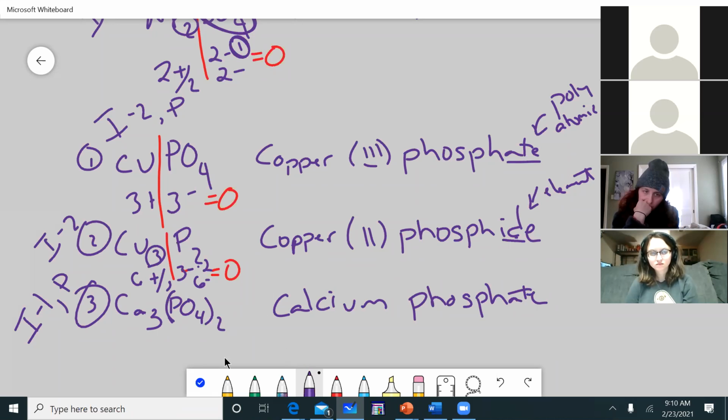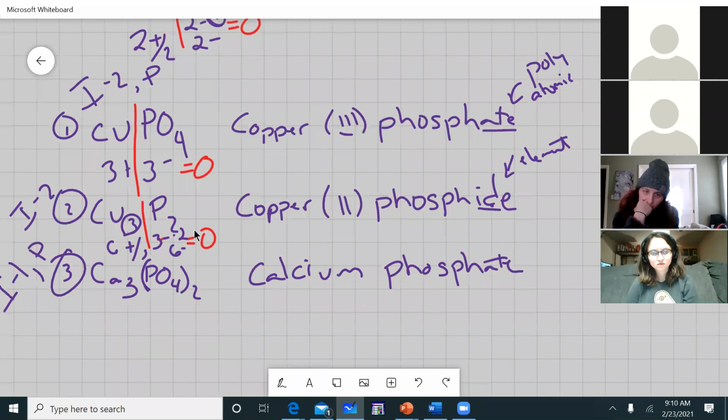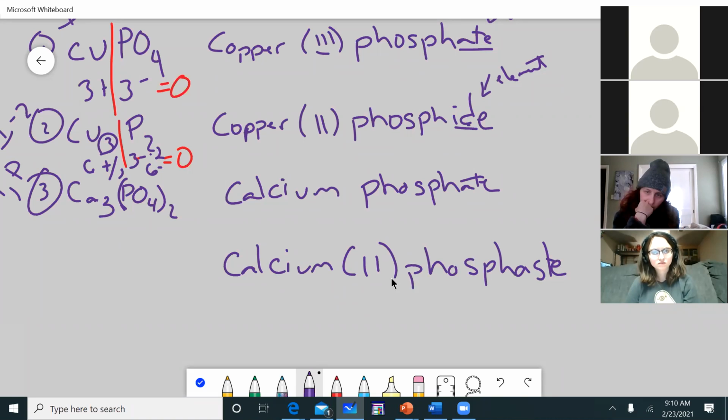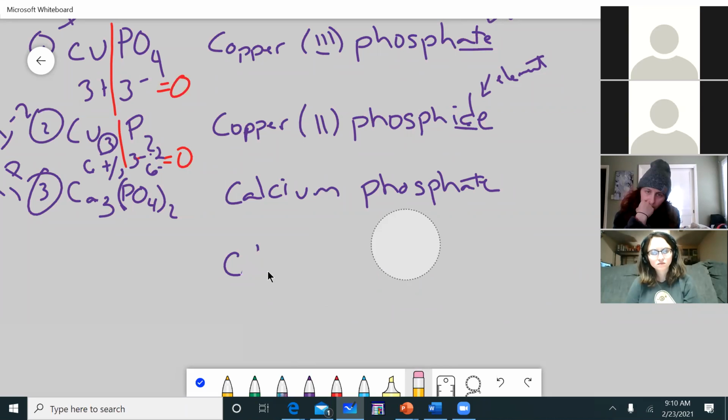So we don't need to put that because it's redundant information. If you were to write this, it would be classified as incorrect. This is redundant information. We don't need that. If it is in fact calcium, calcium will always have a 2+ charge.